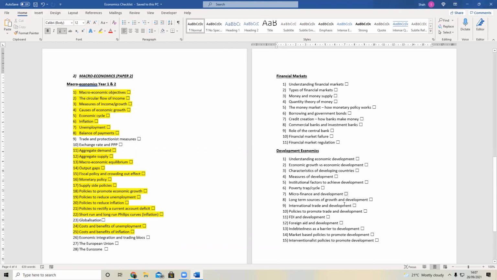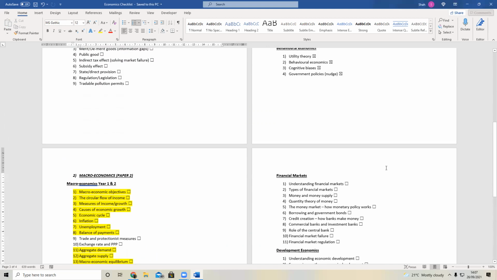Most of the questions you're going to get are from this section here, but you should also know some things about financial markets and development economics. They may ask you questions on that as well. It's not that common, but if they ask, you can't be stuck in a situation where you don't know anything about it. So that's why you still need to do it.